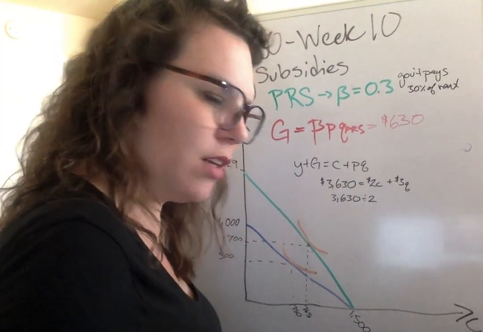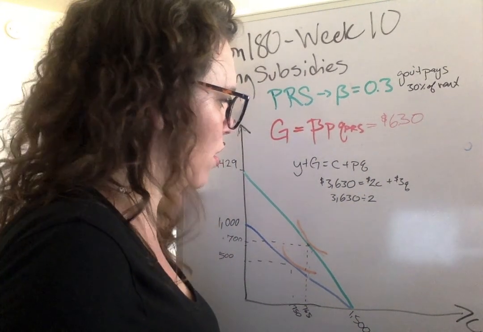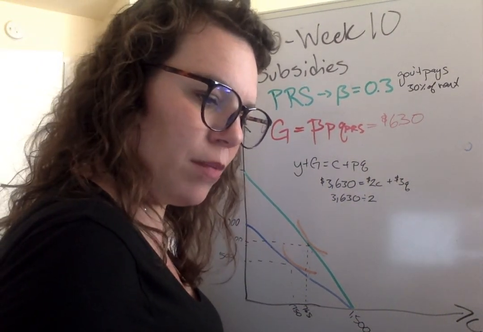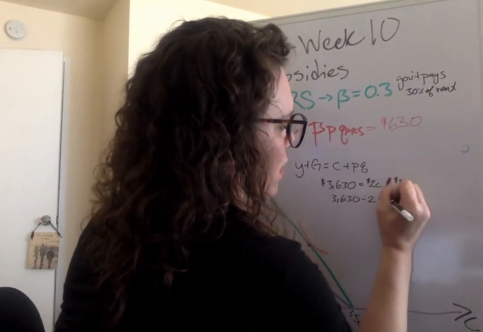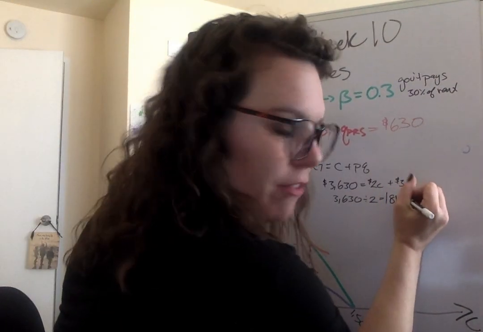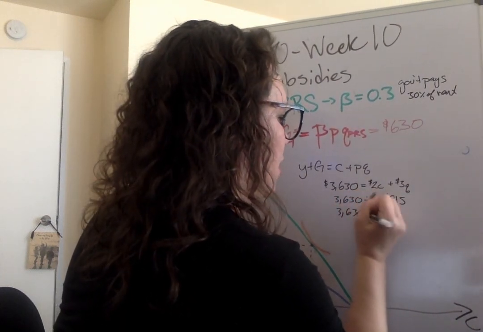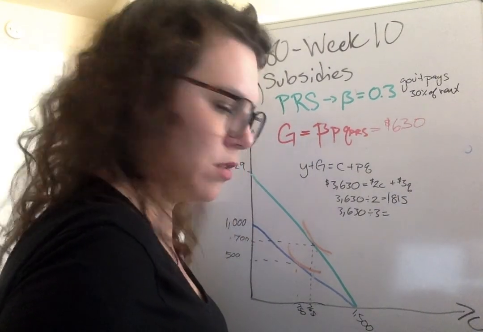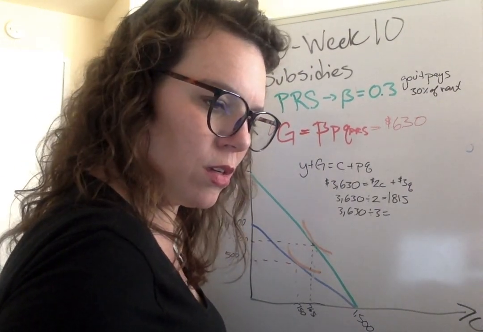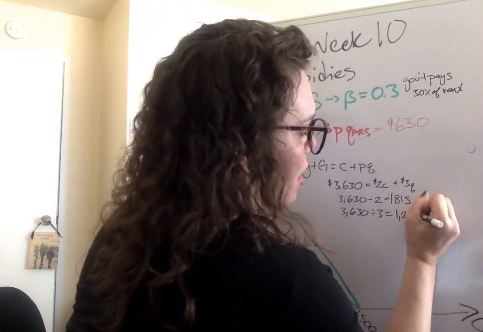Didn't calculate this one in advance. 3630 divided by 2 equals 1815, I speak English. Or $3,630 divided by 3 equals 1,210 square feet.